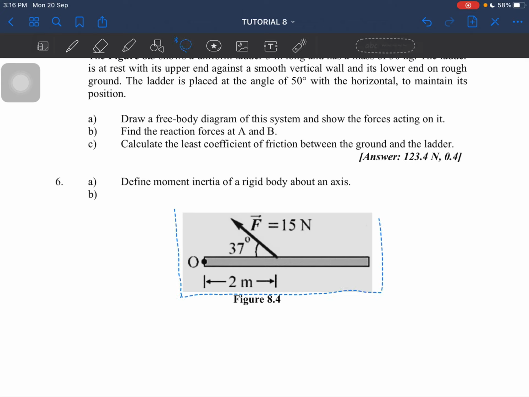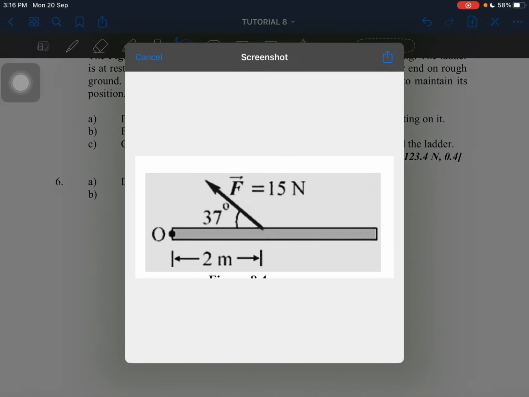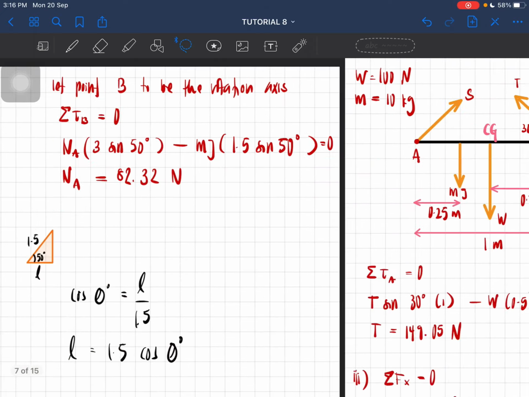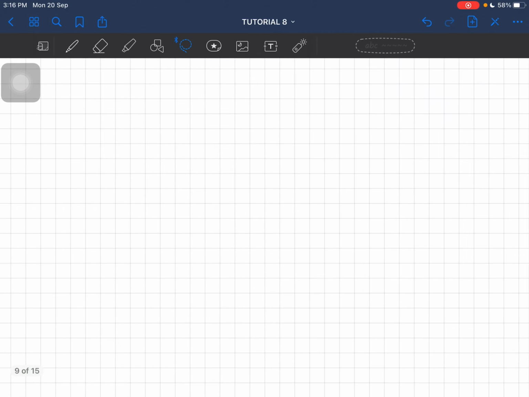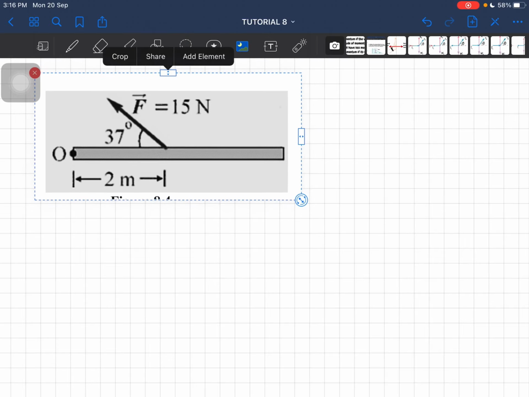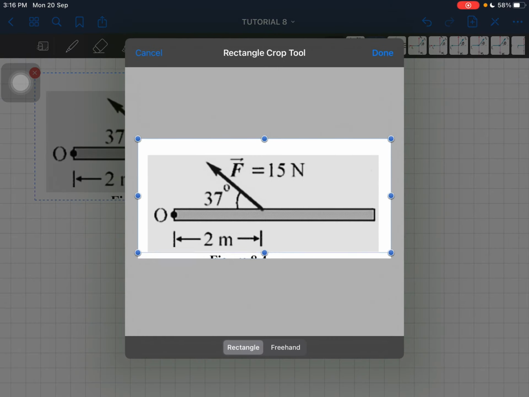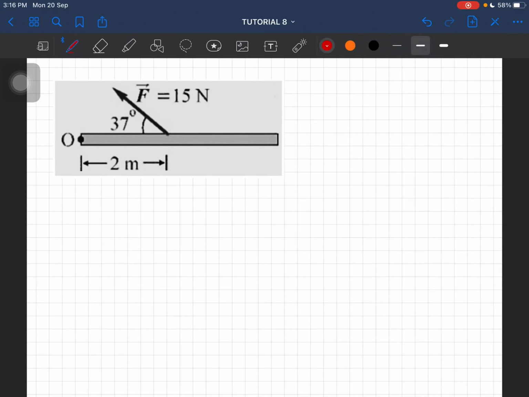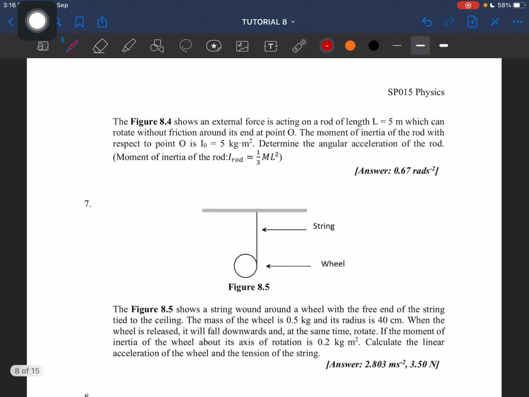Let me just copy this, screenshot this, copy, and then I'm going to put this here. Okay, question 6. So what is the question?